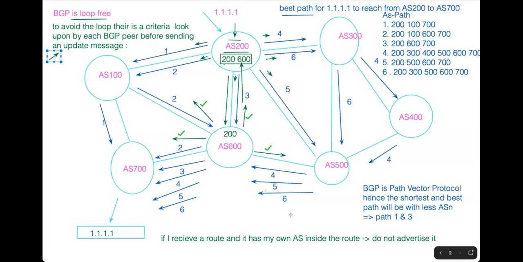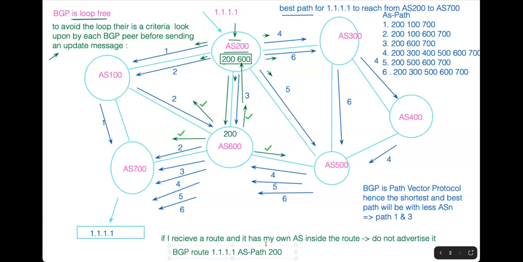In fact, I'm not going to keep that particular route in my routing table itself. Which routing table? The BGP table. Since the route was already there, the BGP route 1.1.1.1 is originated with AS path 200.